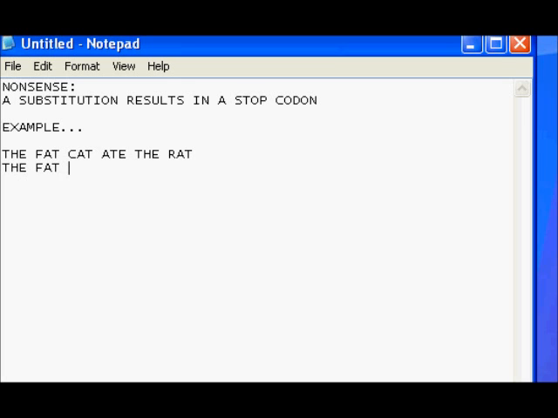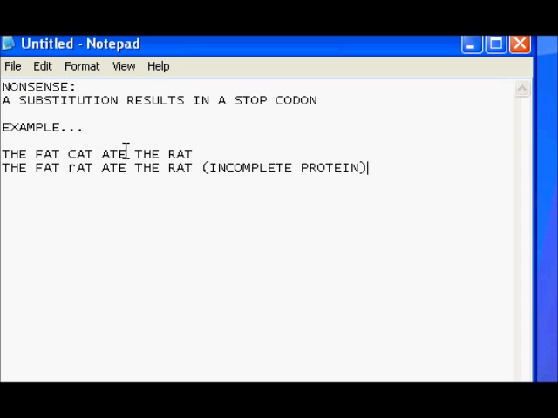Since this one changes, what follows, ate the rat, these three codons are gonna become an incomplete protein. So now you have an incomplete protein because of this substitution.